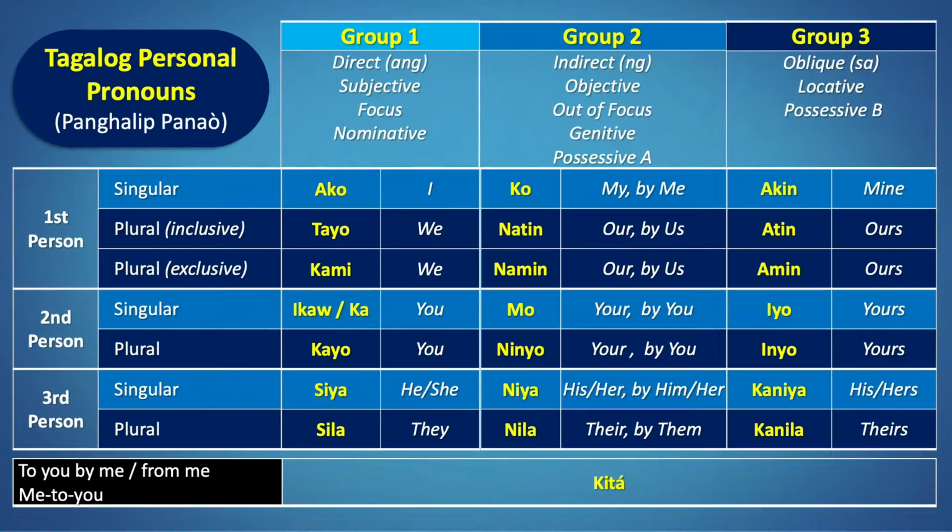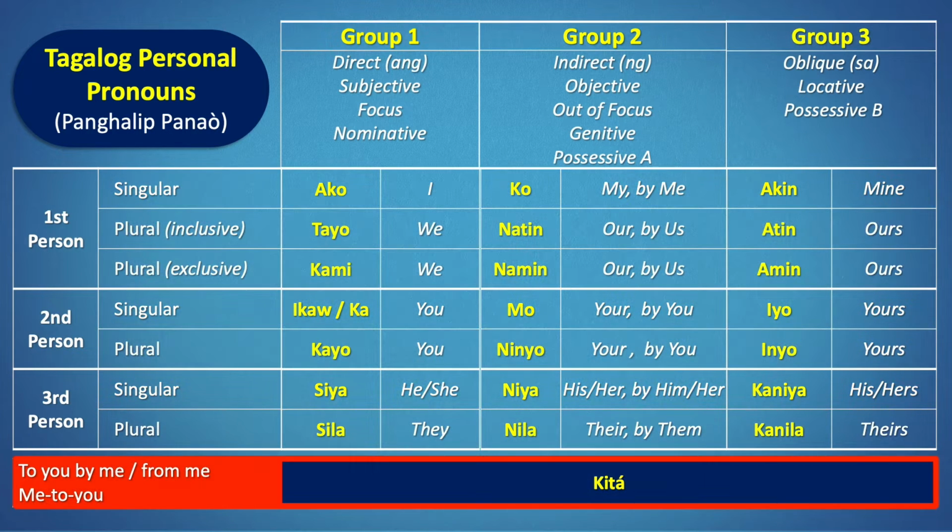This video is the continuation of our discussion on that extra Tagalog pronoun, Kitá, that is hard to place and not part of the three Tagalog pronoun groups. As a reminder, Kitá is only used in the second person singular. That is, a speaker talking to one person and referring to that person only.